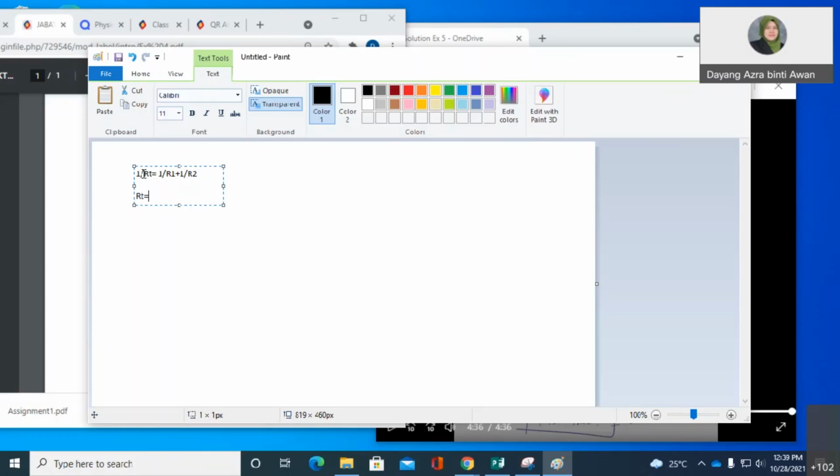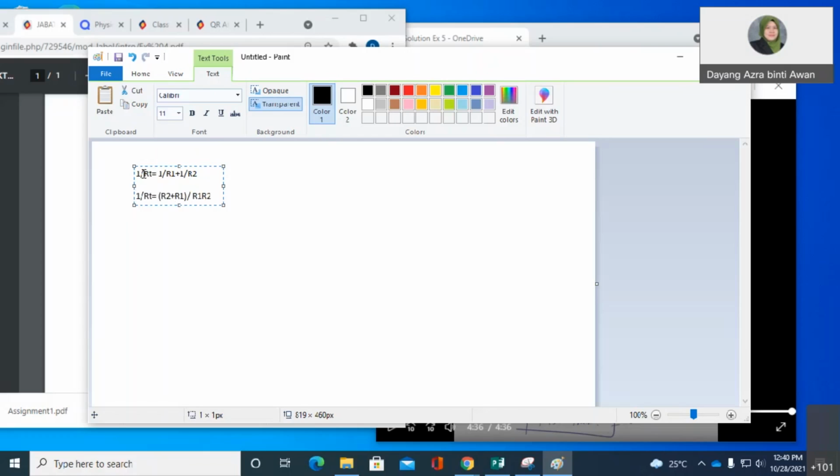So we have R2 plus R1 divided by R1 R2. So this is the formula if it is 1 divided by RT.